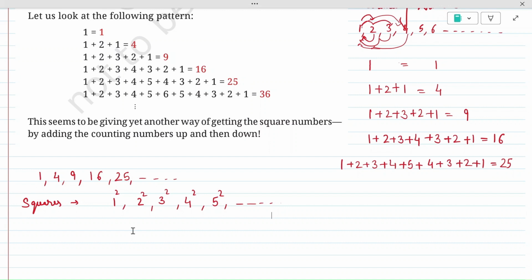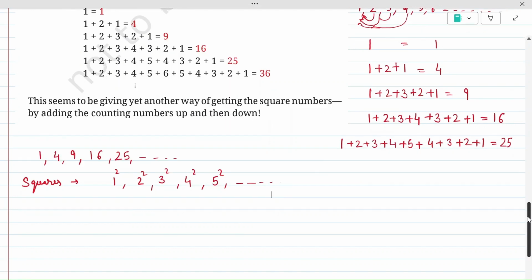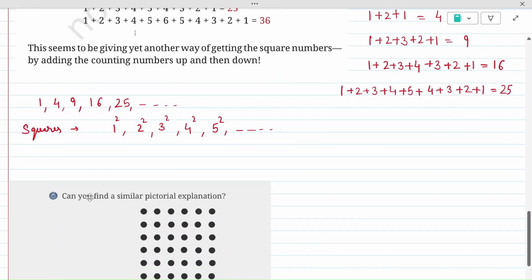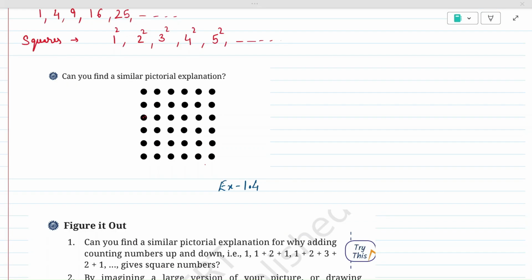Okay. So now what we can do is, using these dots, we can make the squares like this. So how we are doing this kids is, first of all we had 1. We will also see the sequence simultaneously.